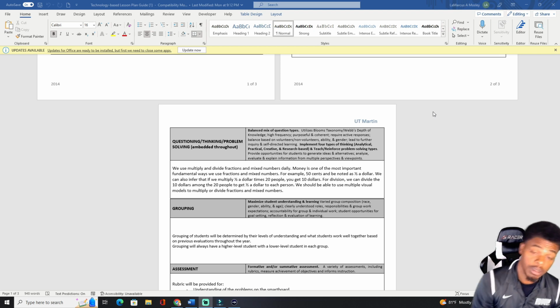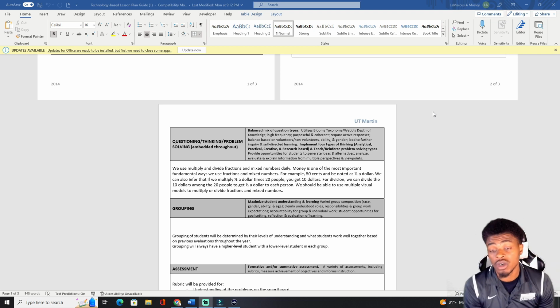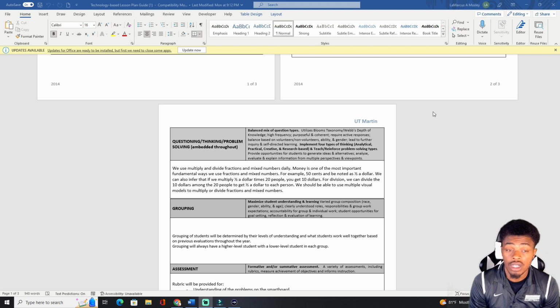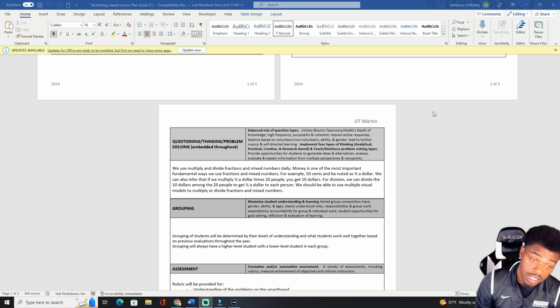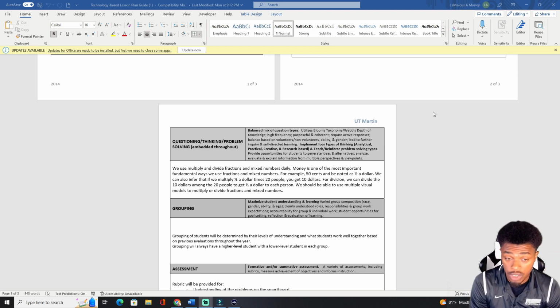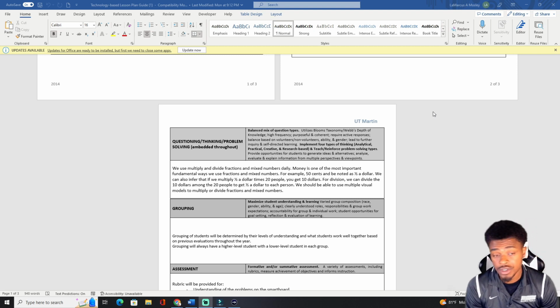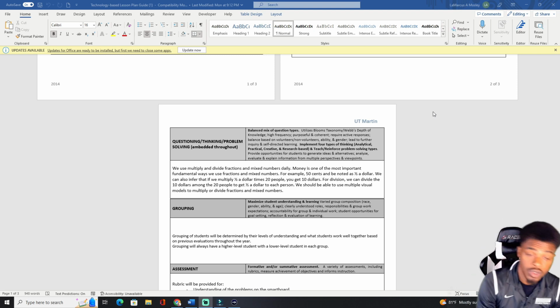But for example, 50 cents can be noted as half a dollar. We can also infer that if we multiply half a dollar times 20 people, you get $10. For division, we can divide $10 among the 20 people to get half a dollar to each person, aka 50 cents. We should be able to use multiple visual models to multiply or divide fractions and mixed numbers.